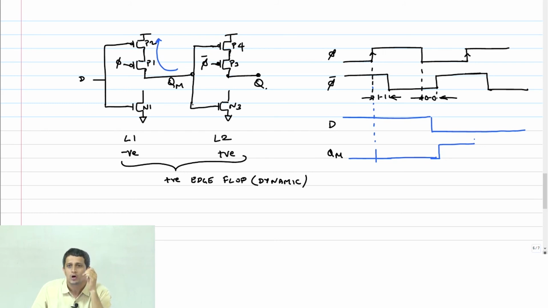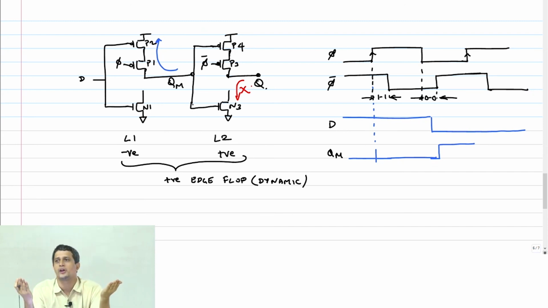No. Why? Because I need to discharge through the NMOS transistor and there is no pull-down path here. So on the non-sampling edge, nothing goes through.